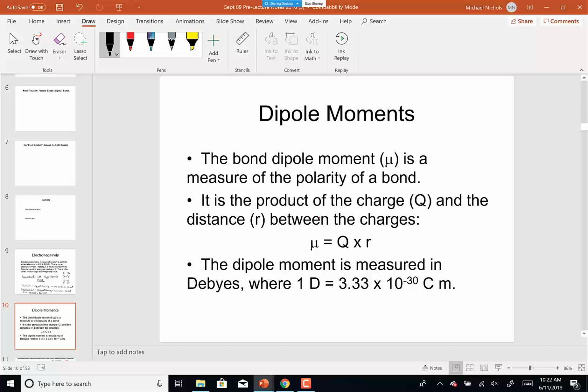And so when we look at polar bonds, that's what we're looking at: the difference in the charges and how far away the charges are from each other. Fortunately, in organic, it's either polar or it's not. We might have to worry about the strength of that, but that's going to come from, again, electronegativity.